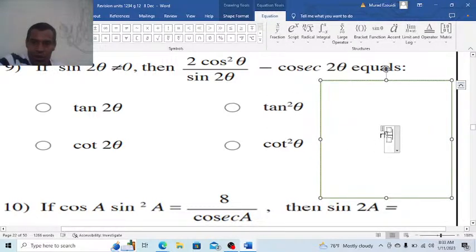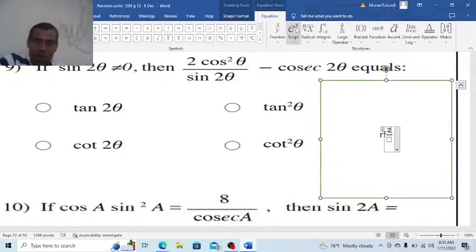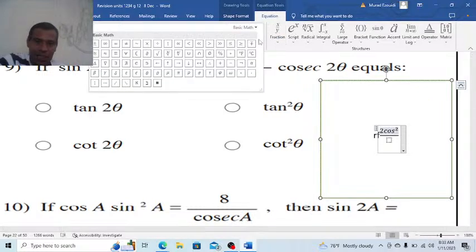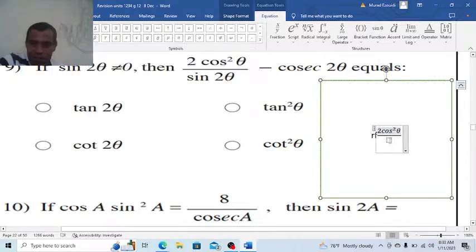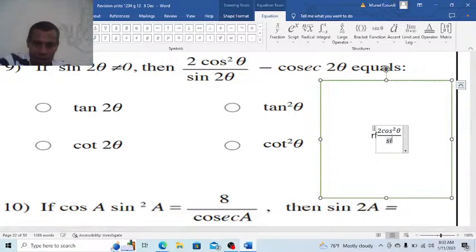It will be 2 cosine square of theta, divided by sine 2 theta, minus cosec 2 theta.